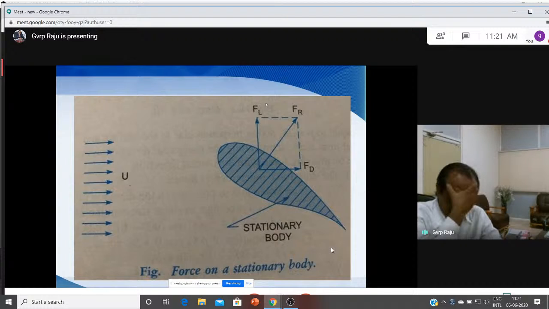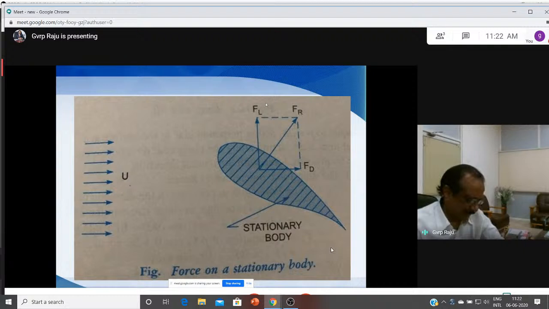Similarly, take a ship which is moving in the sea, in moving water. Because of that, once again there is a force by water on the ship. So these are all the practical examples. Then how will you find the expression for drag and lift?